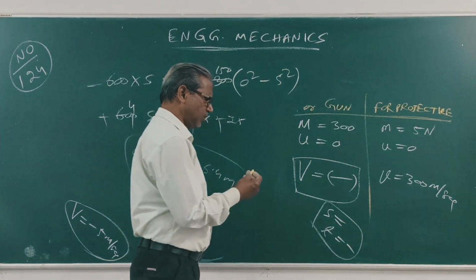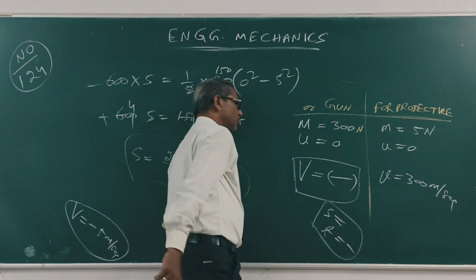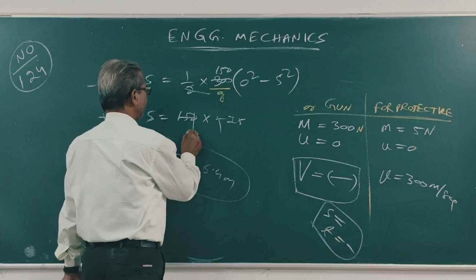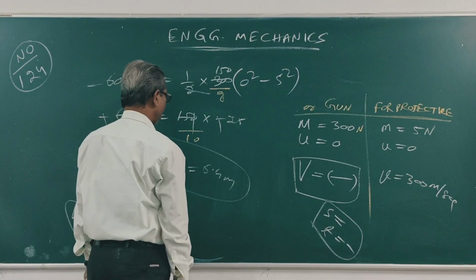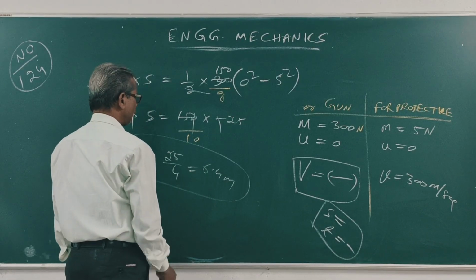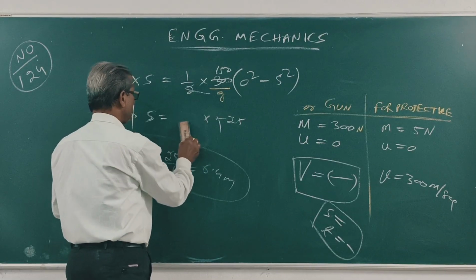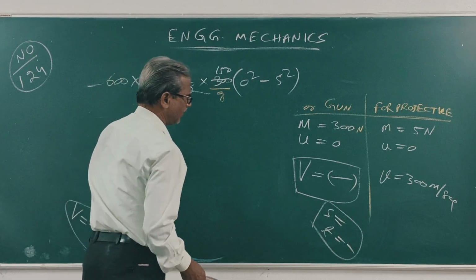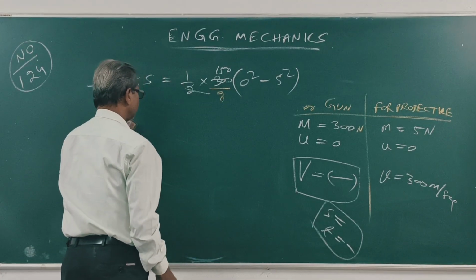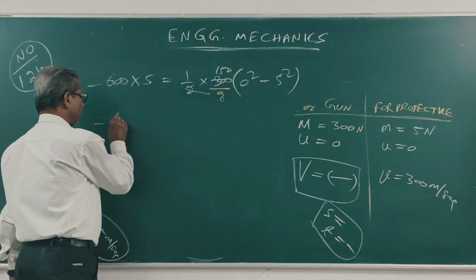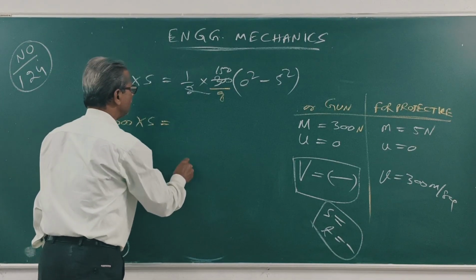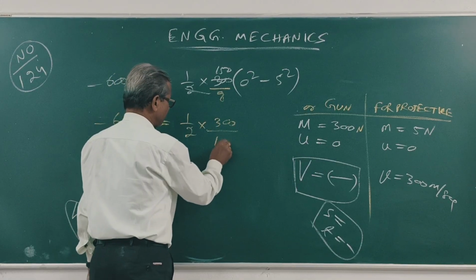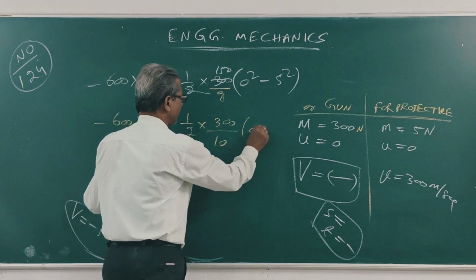This is Newton, sorry. This is Newton, so I will give M is equal to W by g. Clear? Put g as 10 or 9.81. So this is Newton, weight. So minus 600 into S is equal to half into 300 by 10, g means put 10, into 0 minus 25.